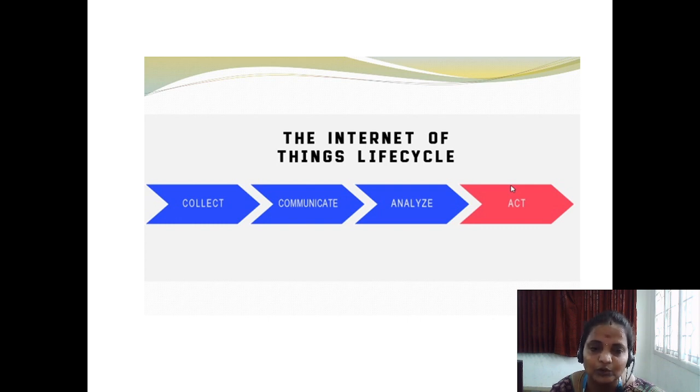These devices collect the data and communicate it, and once the data is communicated, they analyze it and act accordingly. This is the life cycle of IoT.